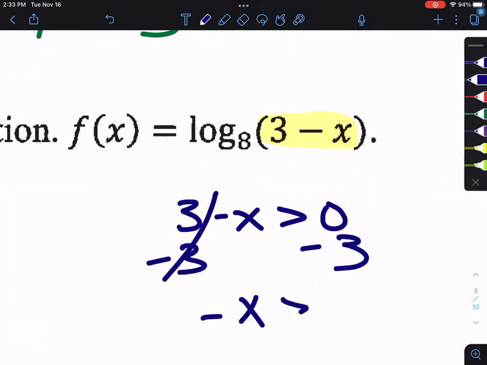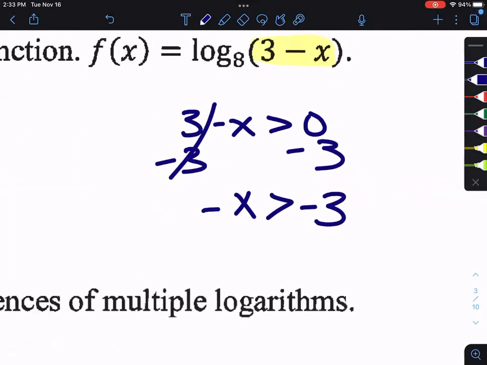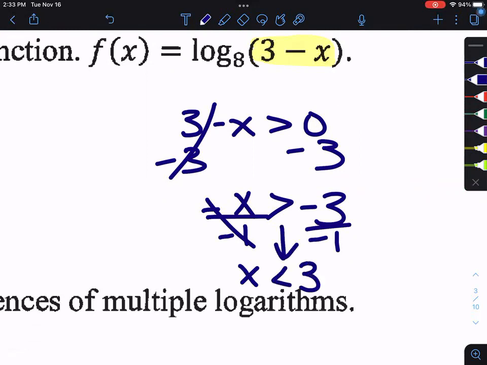So negative x is greater than negative 3. Got to get rid of that negative in front of the x. So divide by negative 1. That's going to give us x is less than 3. It's less than because we have to flip our sign when we divide by that negative.